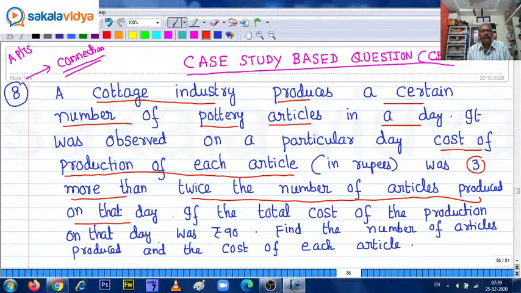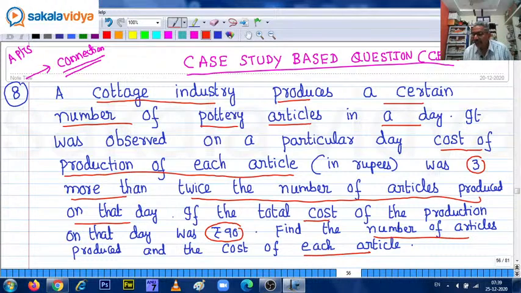The total cost of production on that day is 90 rupees. So on that day, how many articles were produced and what was the cost of each article, we need to find out.